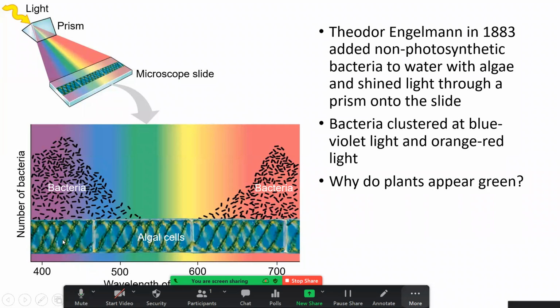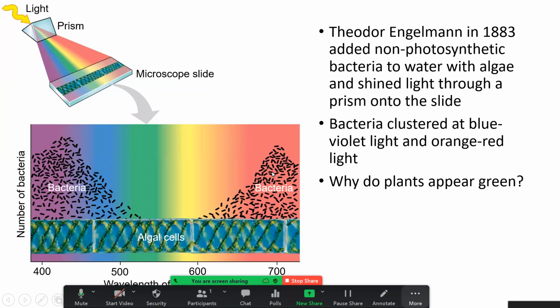Thanks for asking. Spirogyra is photosynthetic, so it makes oxygen. Engelmann also put non-photosynthetic bacteria on the microscope slide. And he left it for a bit. And what he found was that the bacteria, which are not photosynthetic, were clustered at the purple-blue end and at the red-orange end of the slide, because those algal cells in those areas were doing photosynthesis and were able to produce oxygen.